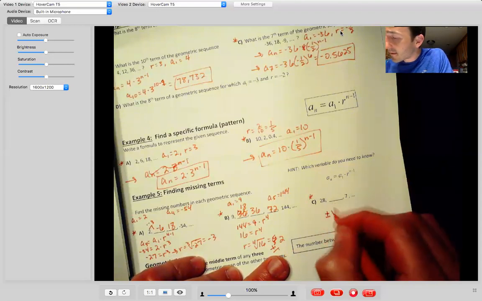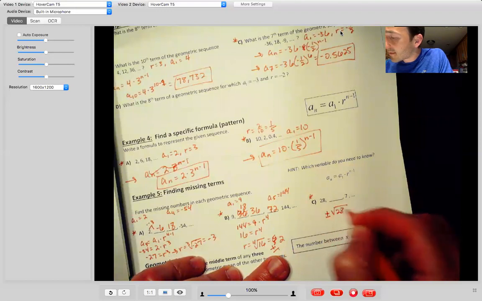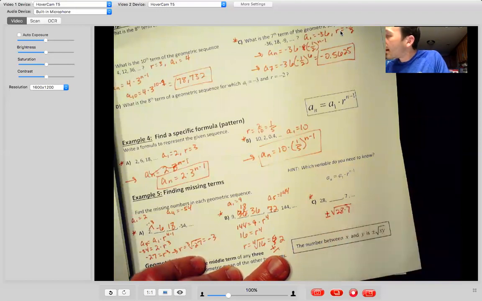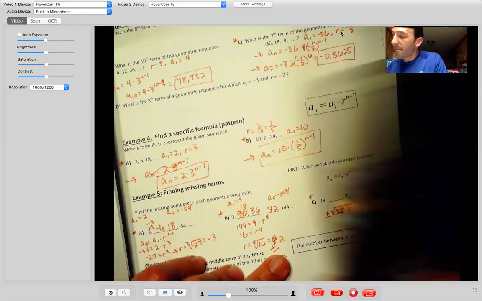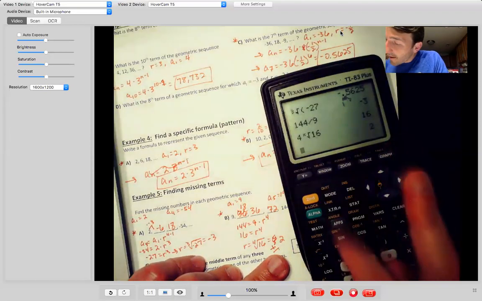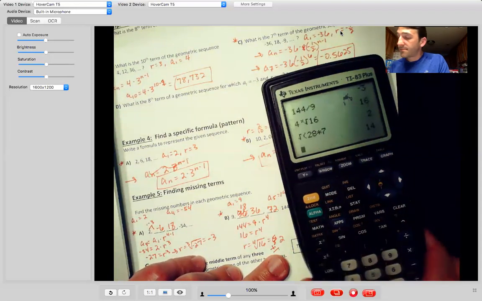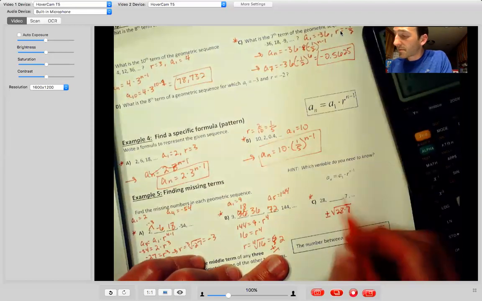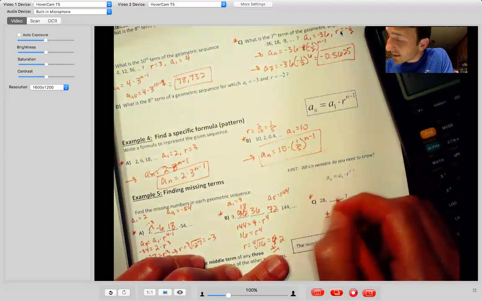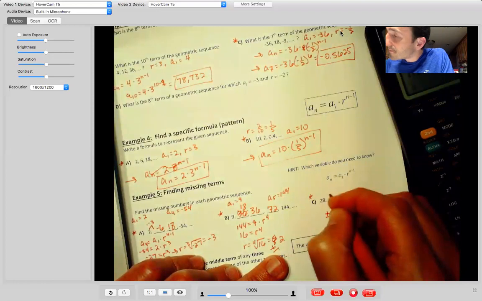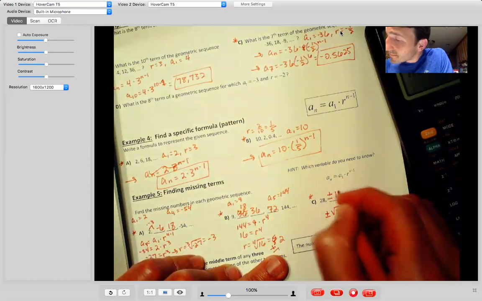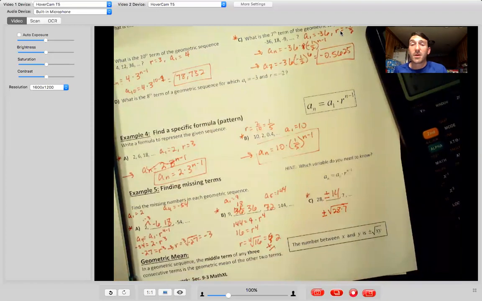So plus or minus the square root of 28 times 7 is 14. So the geometric mean of these two is 14, and it could be positive or negative.